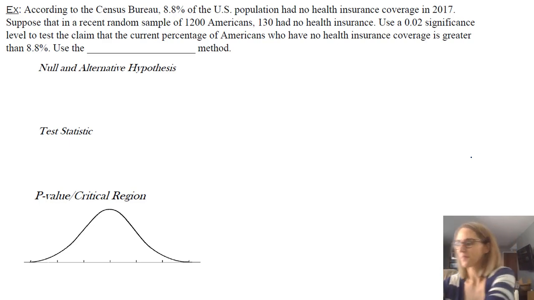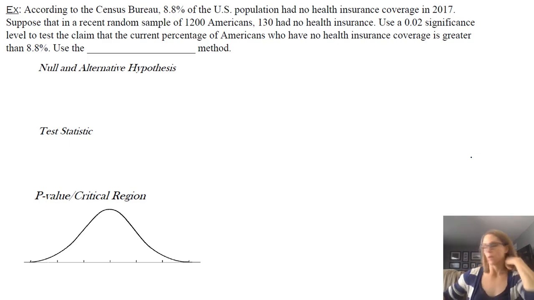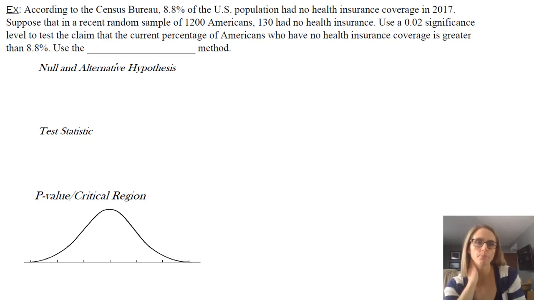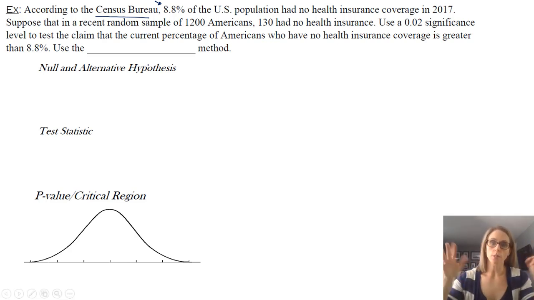Here's our first example. Notice I moved my normal distribution to a different spot, simply so that you could see me in the corner wherever I'm going to show up. According to the Census Bureau, and of course we are doing the census right now, 8.8% of the U.S. population had no health insurance coverage in 2017. So this is our old idea.